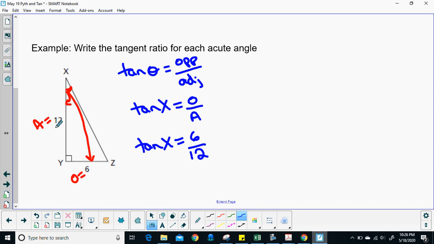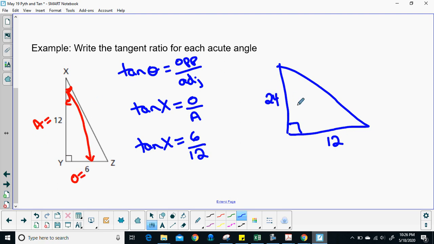And what that means is that if I had a similar triangle, so a scale diagram, let's make it twice as big. So if I made this side down here twice as big, 6 times 2 is 12, 12 times 2 is 24.